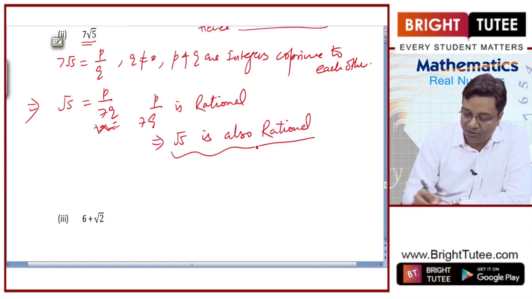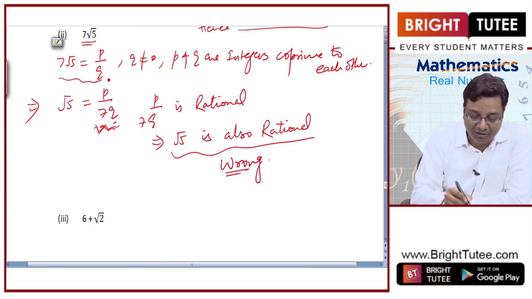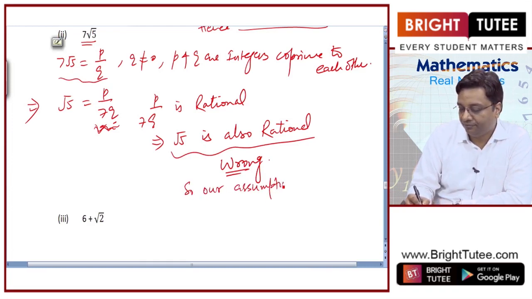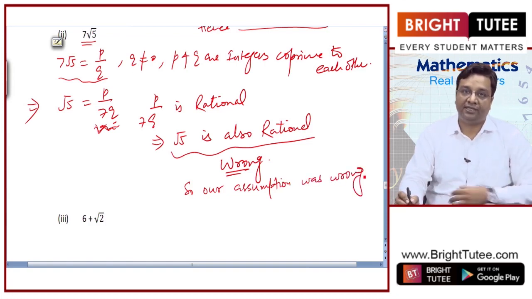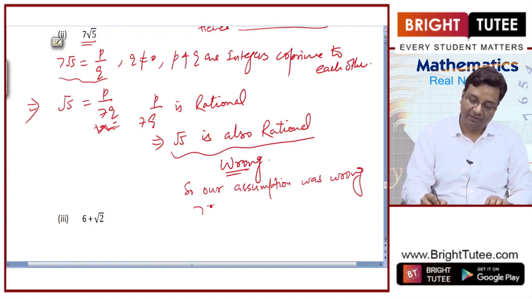But this conclusion is wrong. And why did we arrive at the wrong conclusion? Because our assumption itself was wrong. Hence you can say that 7 root 5 is irrational.